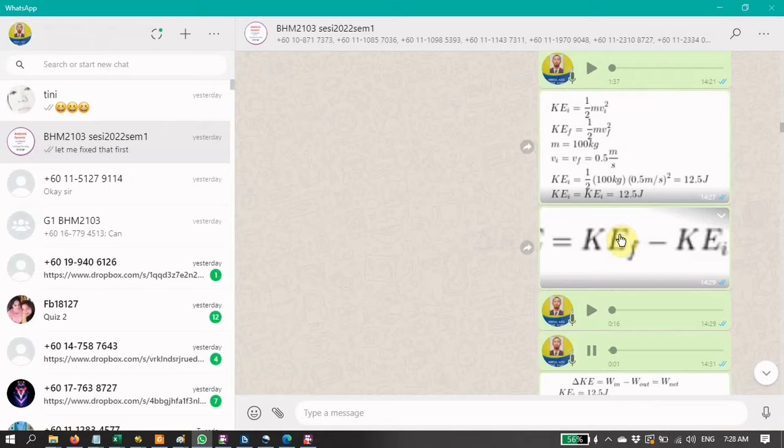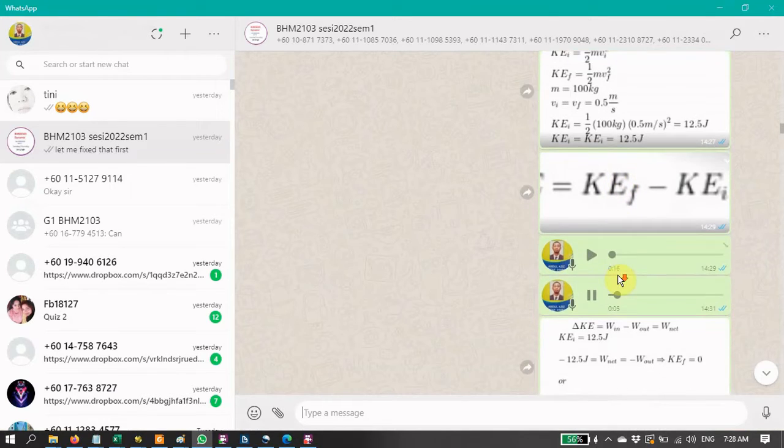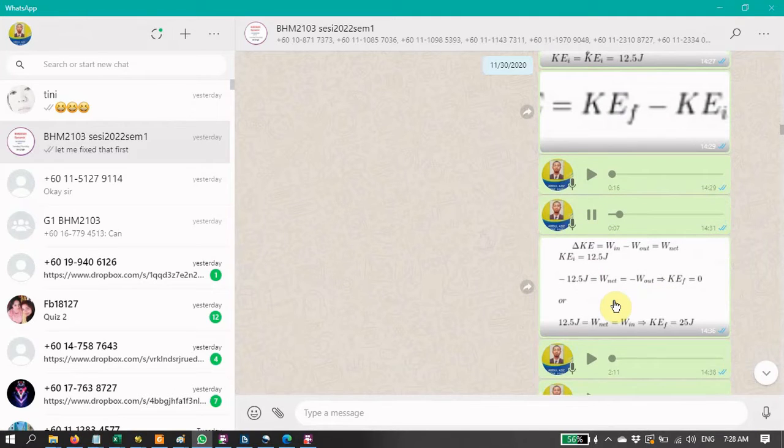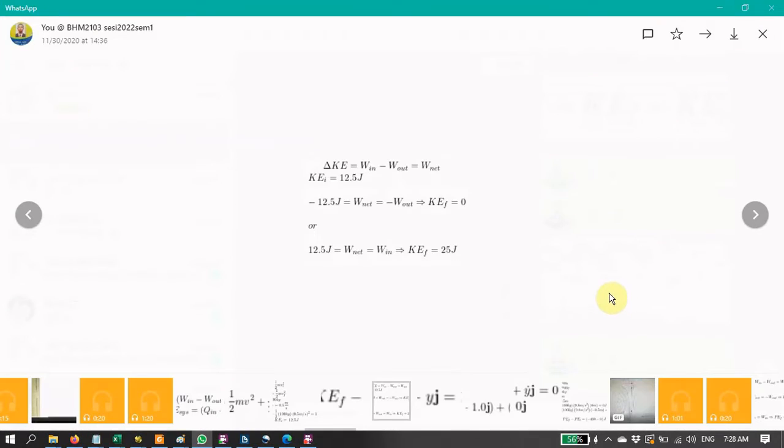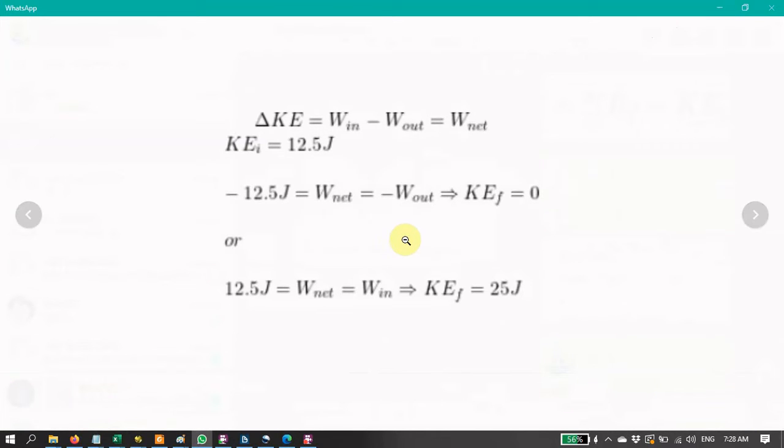Now let's say there is work done on the body so that it increases its energy, right? Or the body doing some work on its surroundings so that it loses its energy, right?